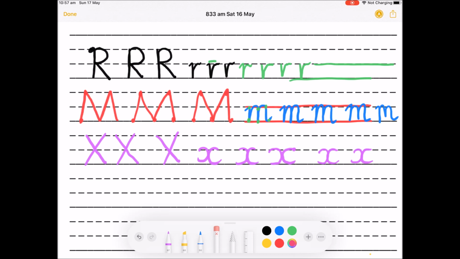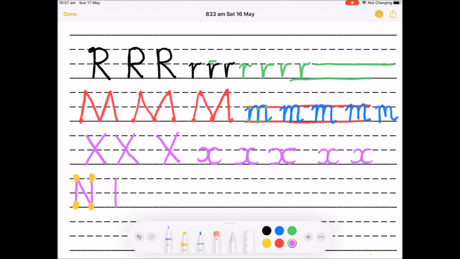So N starts like M. He actually starts down the bottom here. And he comes up, then he comes back down, then he comes back up. So he has 1, 2, 3, 4. Whereas an M would come back down again, but N stops there.